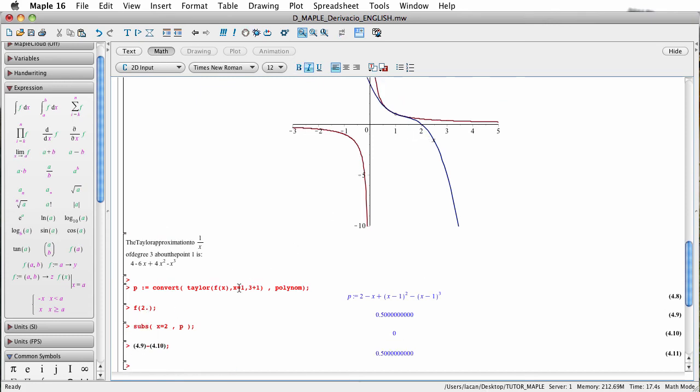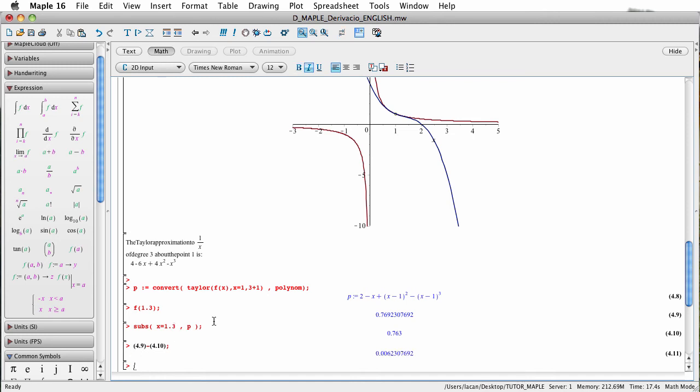But if I take values close to 1, if I take 1, they both coincide, so the function and the polynomial at the value 1 are the same. But if I take a point quite close, I can get really good approximations. So as I approach the point 1, the approximations are closer.